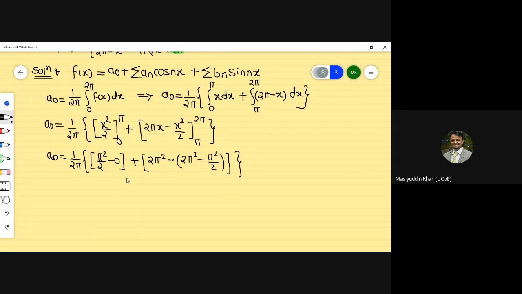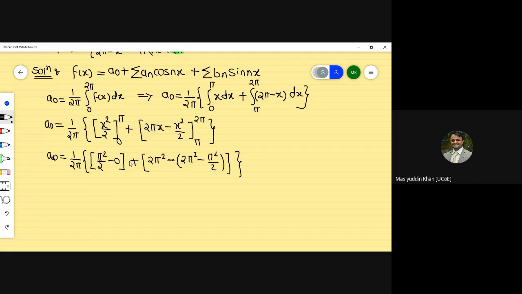Now, if we expand this bracket, this pi square and this pi square will not cancel because of this minus sign. Minus minus becomes plus, and pi square by 2 plus pi square by 2 is equal to pi square. And here, if you observe 2 pi square and, using this minus sign, 2 pi square minus 2 pi square cancel with each other.